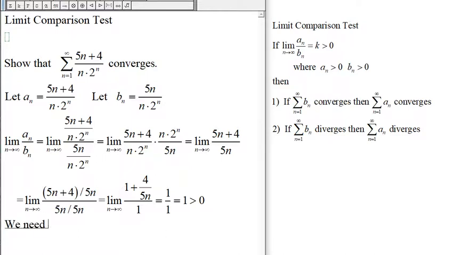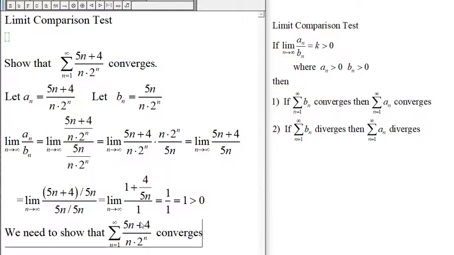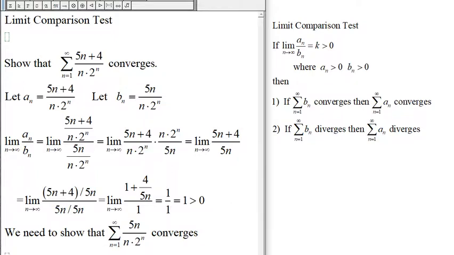So we need to show that the b sub n, which is this one, this series here, converges also.